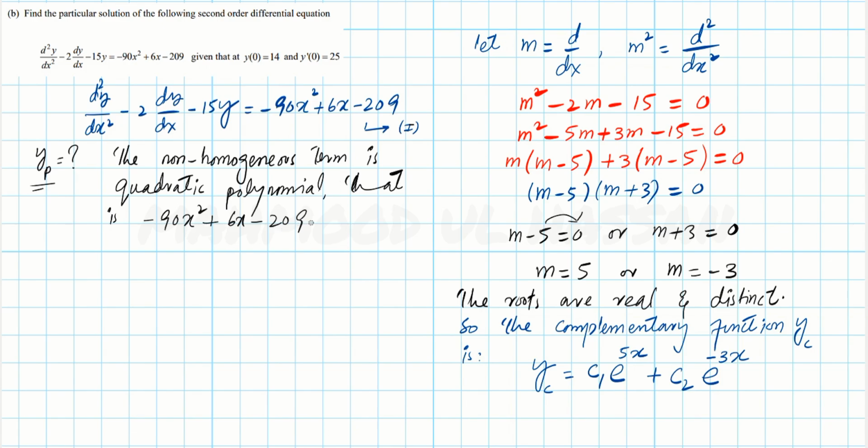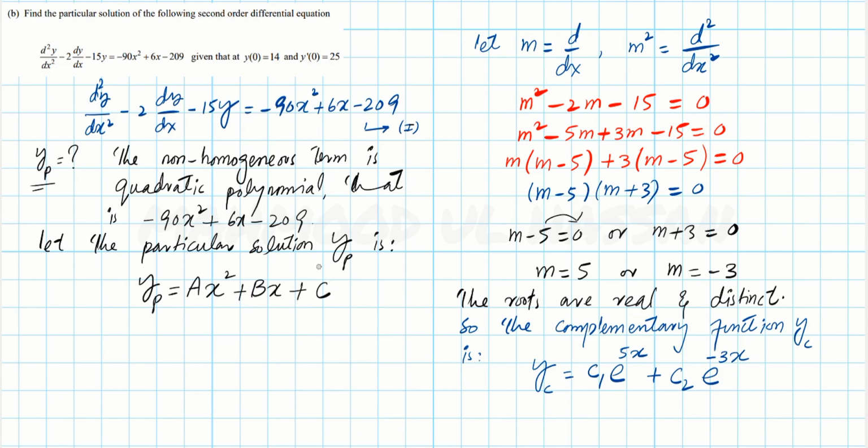Let the particular solution y sub p be y sub p equals a x squared plus bx plus c, where a, b and c are constants.